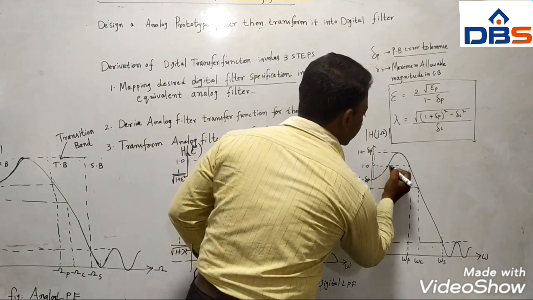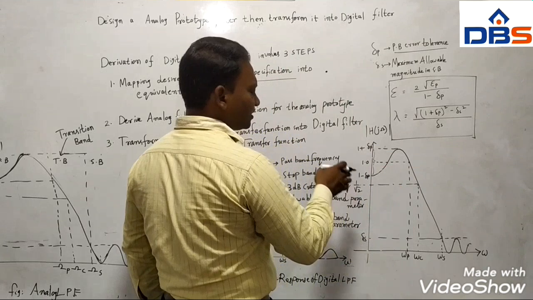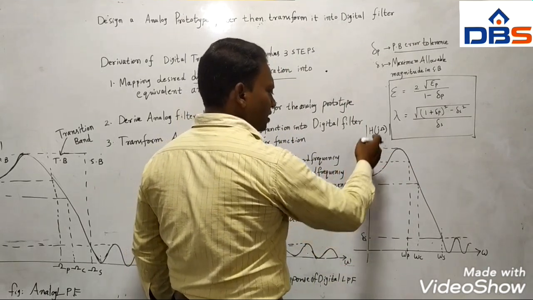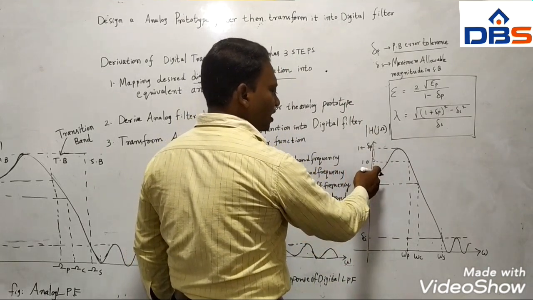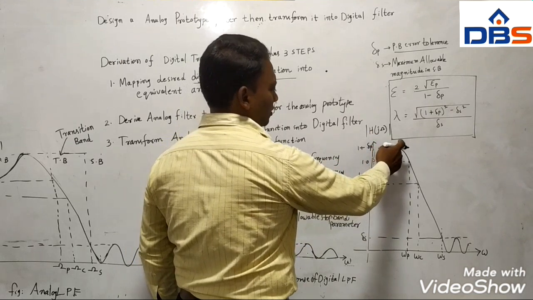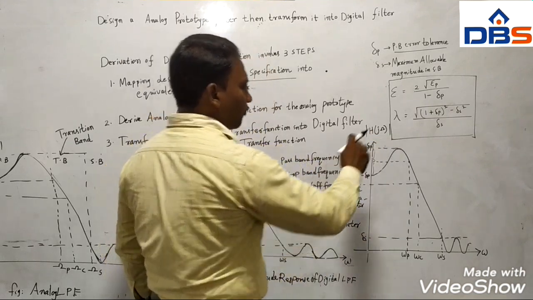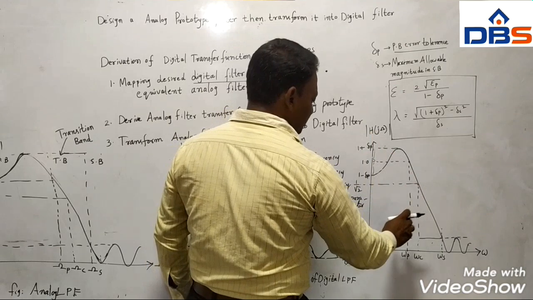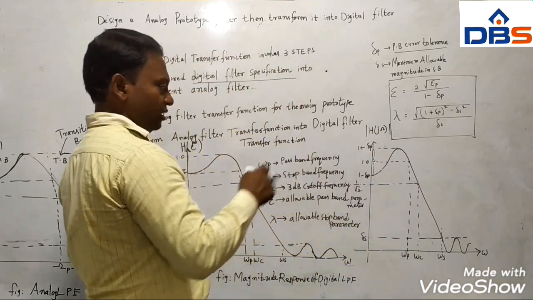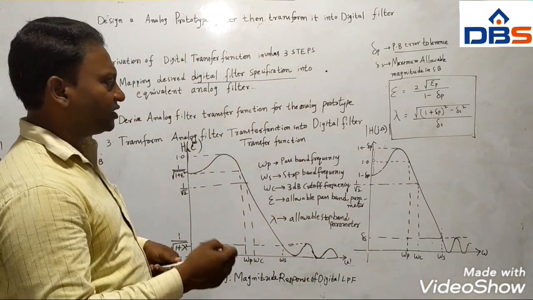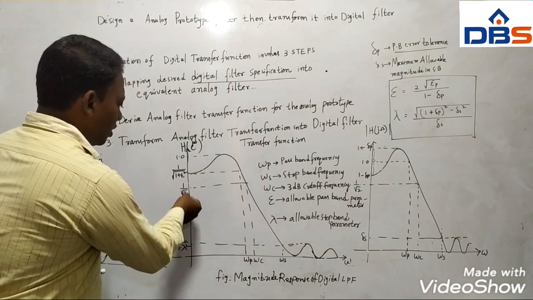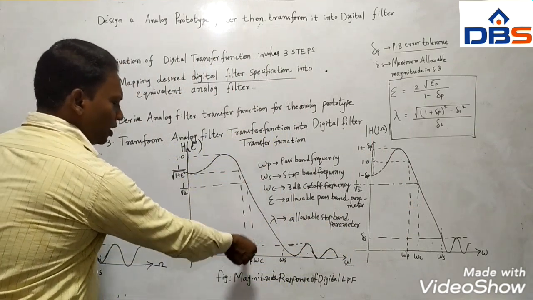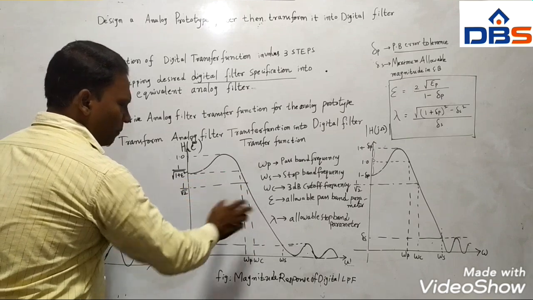Theoretically it has to be constant like this, but it is not constant. It changes from less than 1 to greater than 1, up to 1 plus delta p. So delta p and delta s will be given in the design specifications, and using that you can calculate the pass band frequency and stop band frequency.